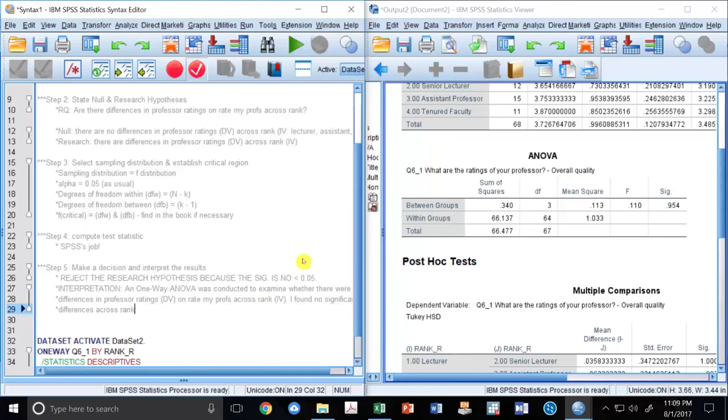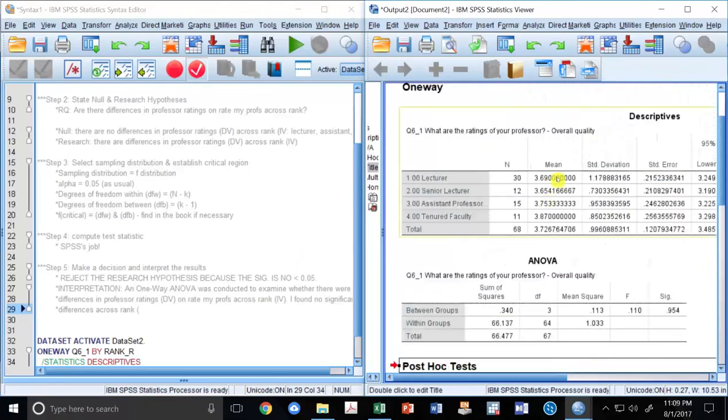And what I would recommend is having the means and standard deviations in there. So I might say something like lecturer mean, and I'm just going to put M because SPSS doesn't allow notation. Mean 3.69, standard deviation 1.18, rounding up a little bit.